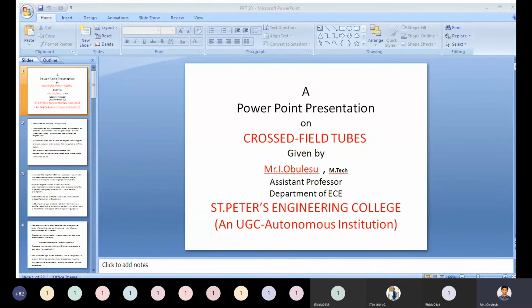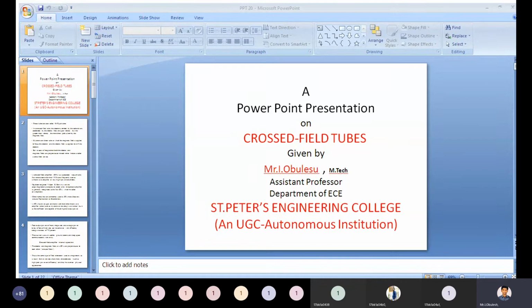In this design, the tube was made with 2 electrodes, typically with the cathode in the form of a metal rod in the center and the anode as a cylinder around it.